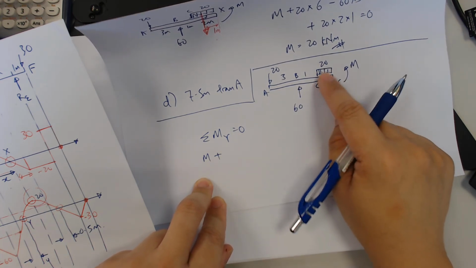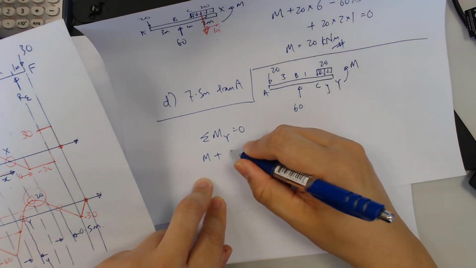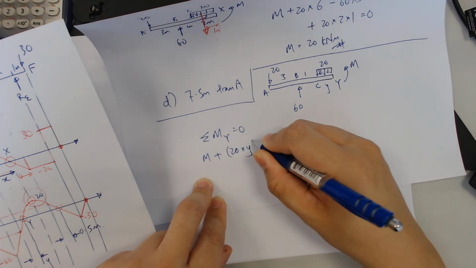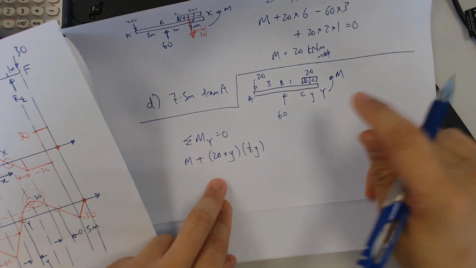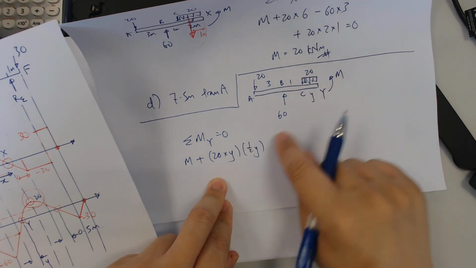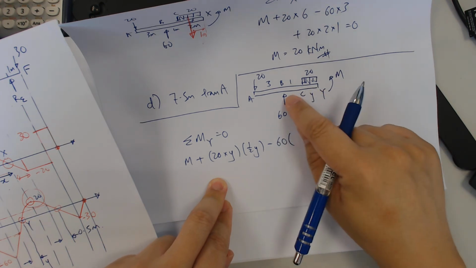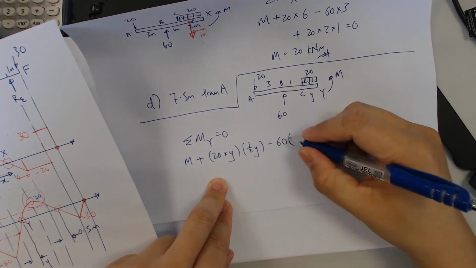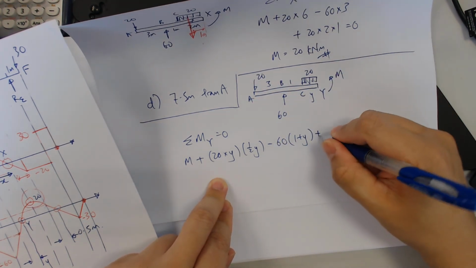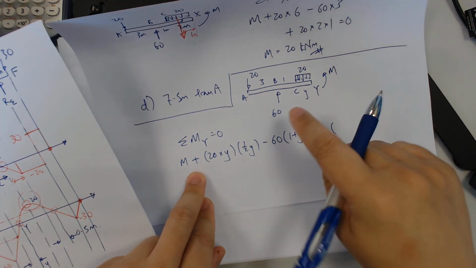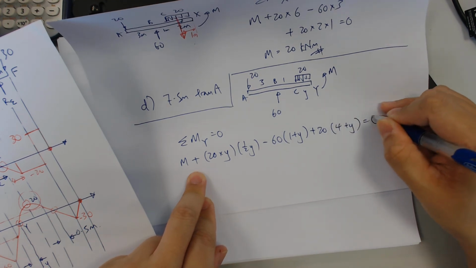The total force will be 20 times Y, and it will act at the midpoint of Y. So 20 times Y is the force, half Y is the moment arm, and same direction as M, so I will put a plus. 60 is opposite, so it's minus 60, and the distance away from Y is 1 plus Y. 20 is same direction as M, so it will be a plus 20, and the distance from Y is 4 plus Y, equals to 0.